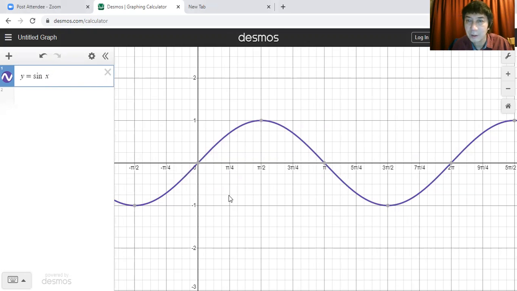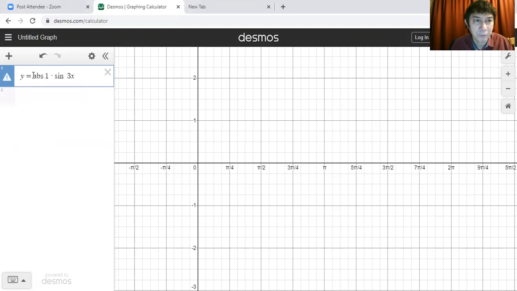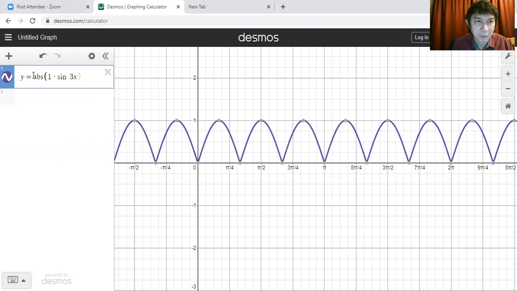Now, if we increment the b, something that affects the frequency, say we put here 3, and then let's say we put here a 1, and then take its absolute value, say absolute value of 1.